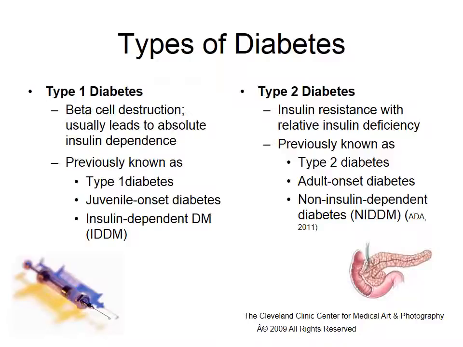Individuals with this form of the disease have insulin resistance and usually have relative rather than absolute insulin deficiency. These individuals have relative insulin deficiency because their bodies either fail to make enough insulin or they are unable to use insulin properly.